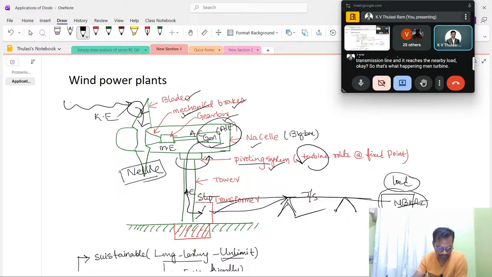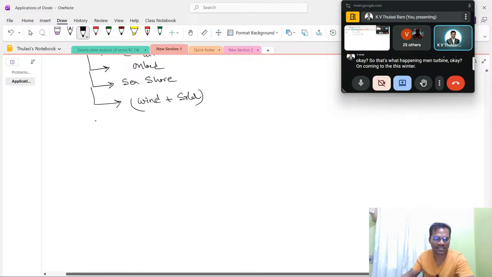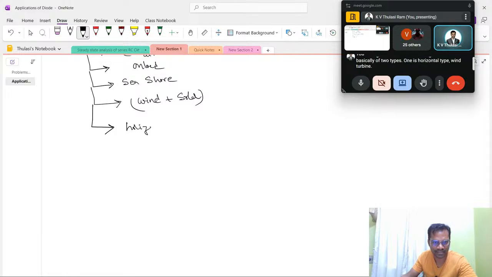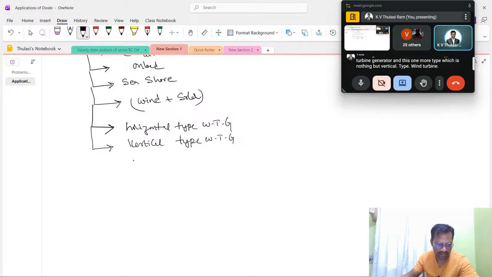Okay, and coming to these wind turbine generators, they are basically of two types. One is the horizontal type wind turbine generator, and the other is the vertical type wind turbine generator.